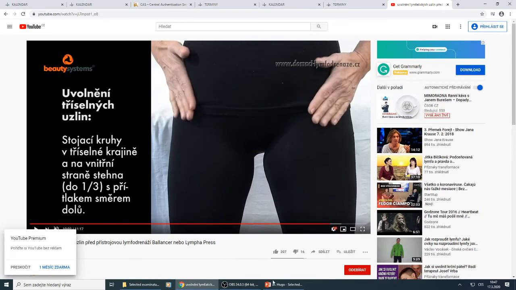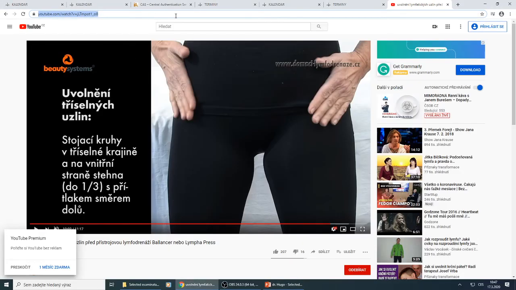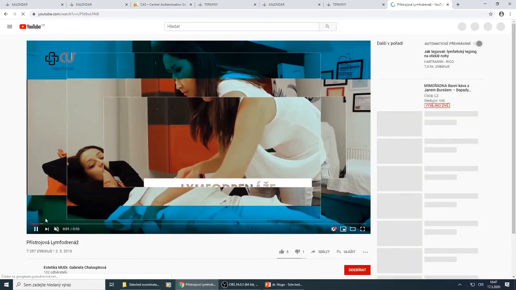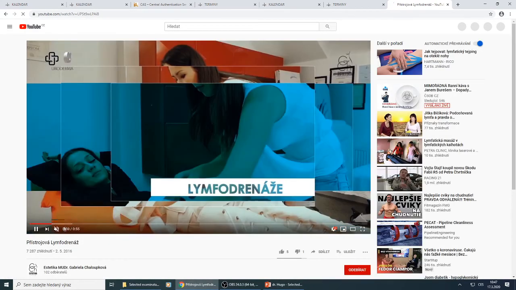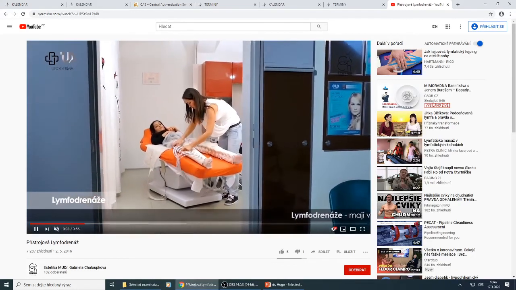And then after the manual lymphatic drainage comes the mechanical. And the mechanical is that you put something that looks like this.